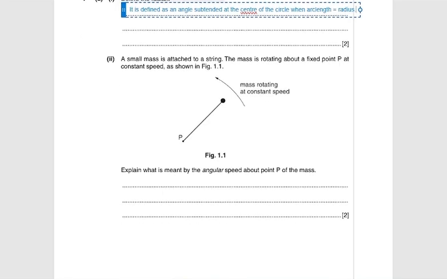Then moving on towards the second part, that says a small mass is attached to a string. The mass is rotating about a fixed point P at a constant speed as shown in figure 1.1. Explain what is meant by the angular speed about point P of the mass. Now, there's a catch.